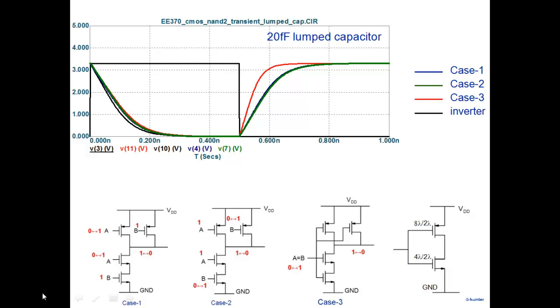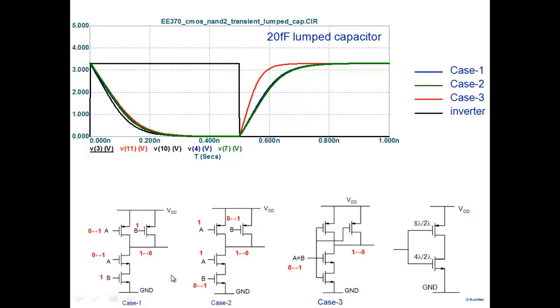Note that when I'm switching it on, even though B is 1, when I switch A, I'll abruptly switch it to 1 also, which means VDD here and VDD here. Similarly, when I switch it, there'll be VDD here and VDD here. So the two are equivalent under switching. VDD here and VDD here also under delay. And similarly, when I switch this here from 0 to VDD, there's a VDD here and VDD here.